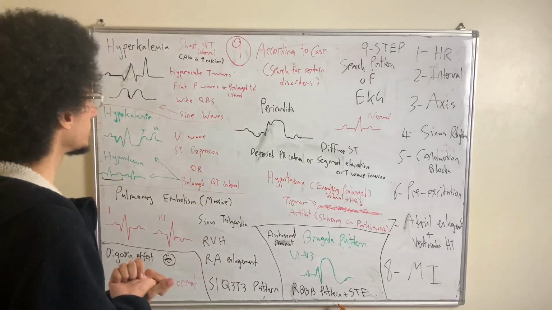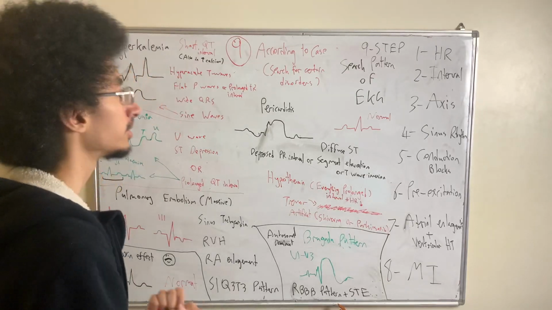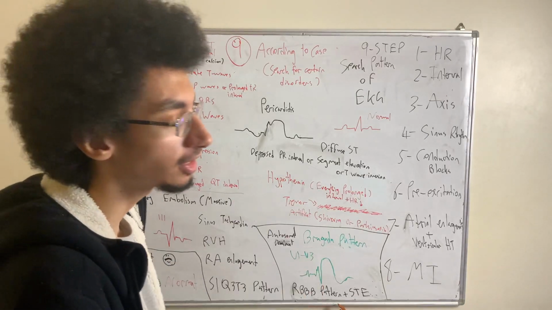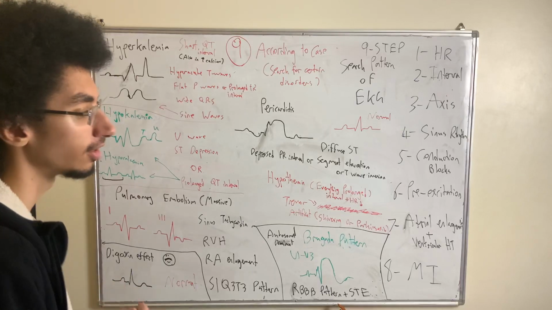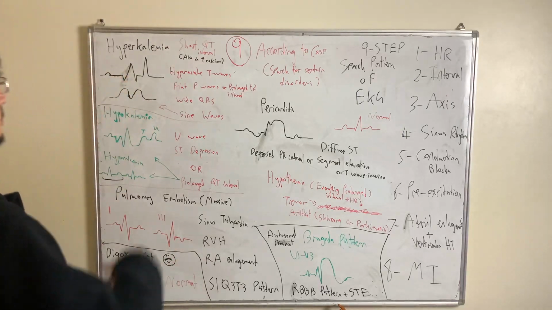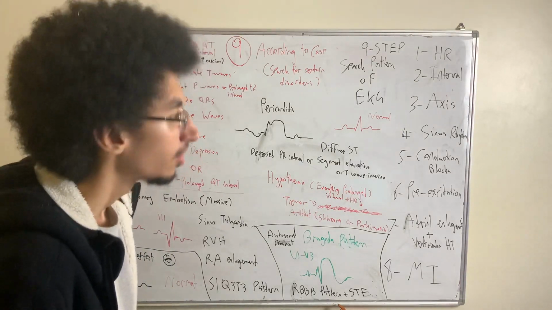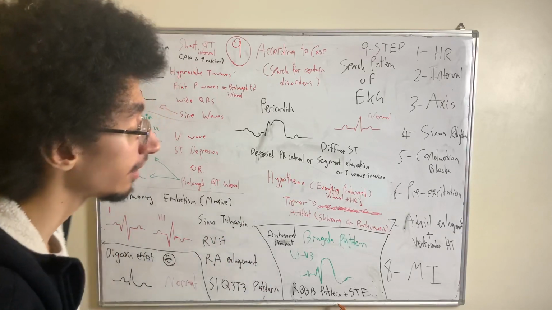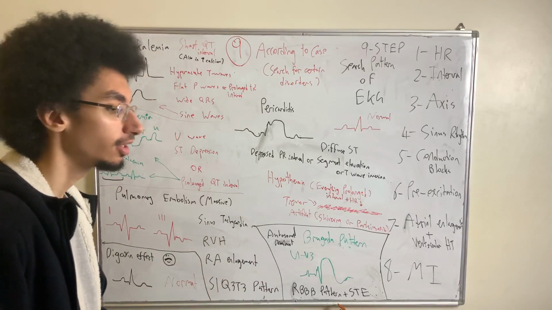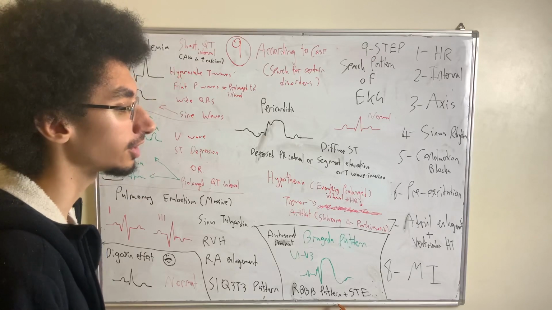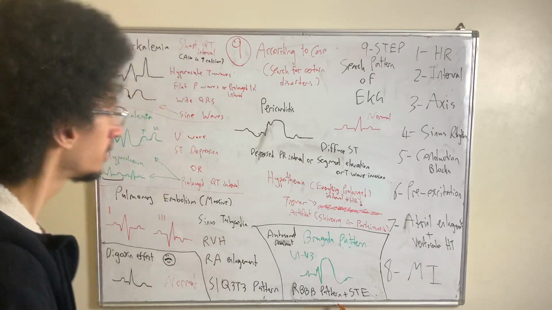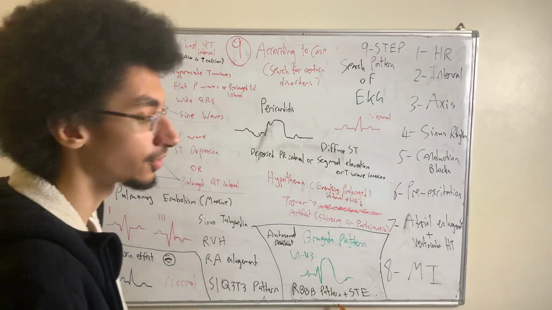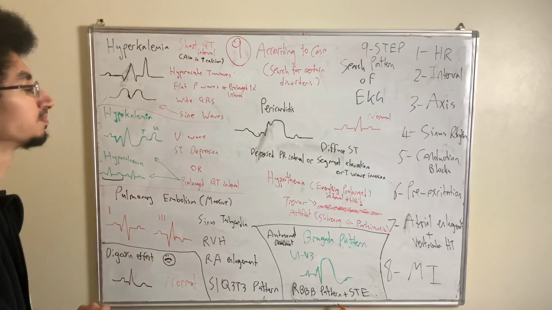If you have history and examination suggestive of hyperkalemia or hypokalemia, for example, or a prolonged QT interval, we have a patient that takes an ACE inhibitor and a quinolone, which is an antibiotic. Both of these drugs can cause a prolonged QT interval, so you order an EKG, for example.